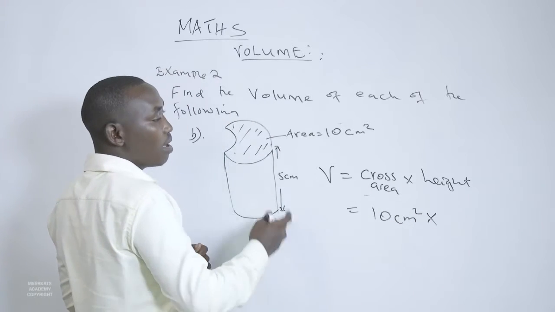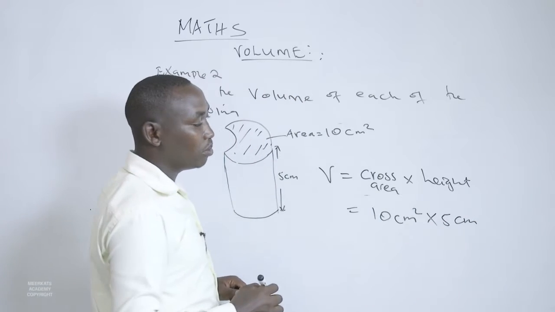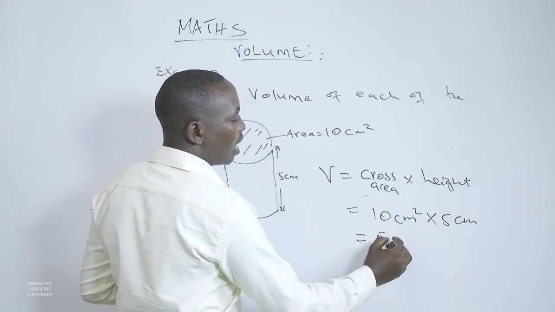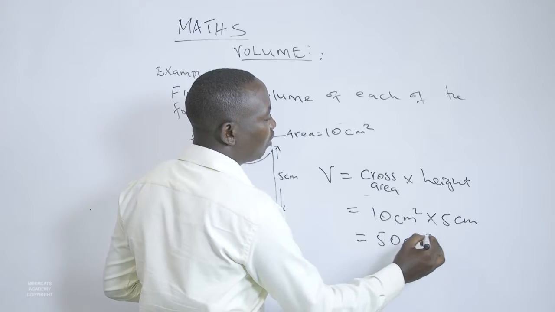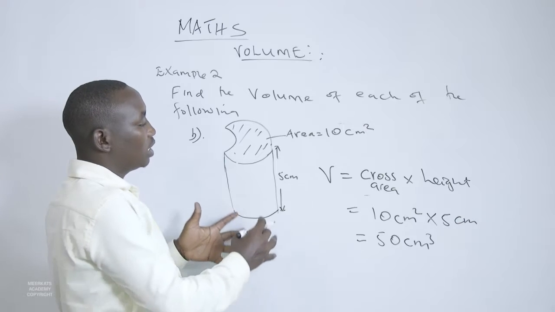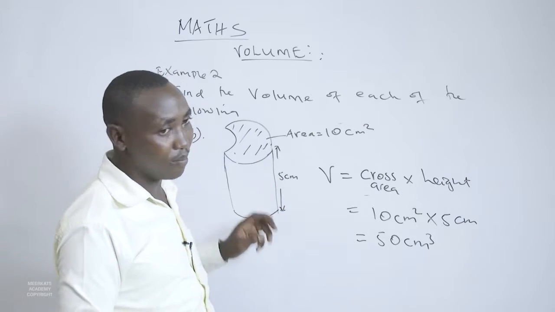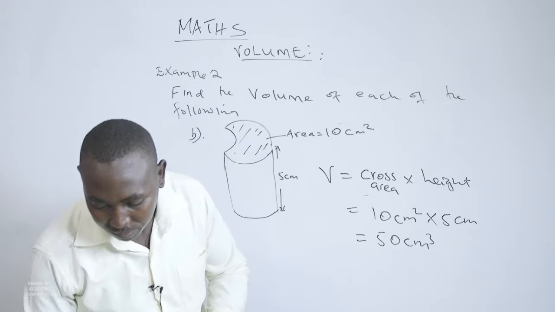So we multiply by the height, which is 5 centimeters. This will give us a total of 50 cubic centimeters, which is the volume of this particular solid or object.